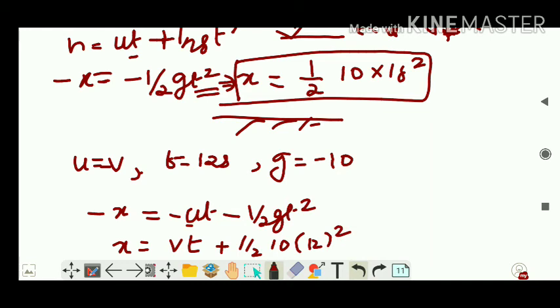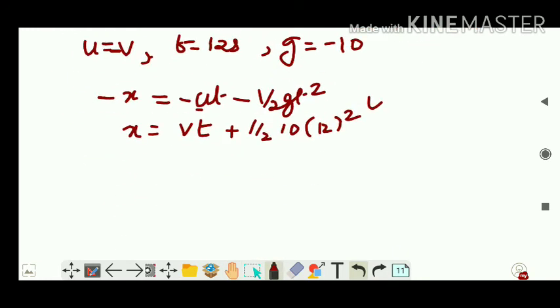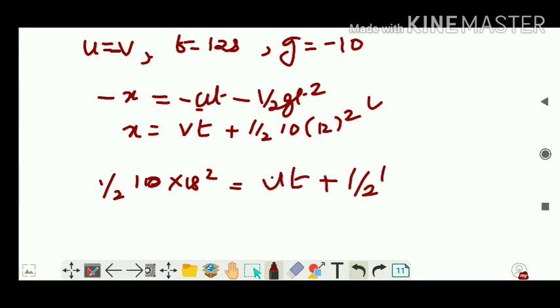Now these both expressions are for x itself, so I can equate these two. Half into 10 into 18 squared is equal to vt plus half into 10 into 12 squared. So how would you cancel or calculate it, guys?